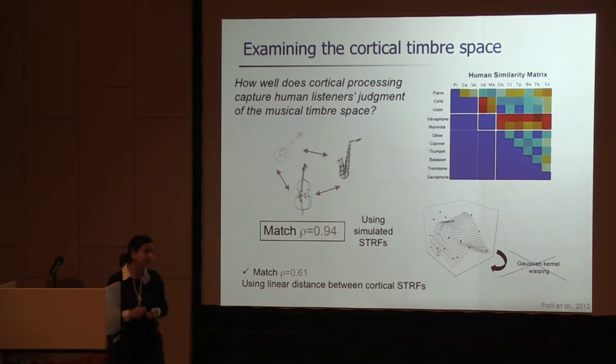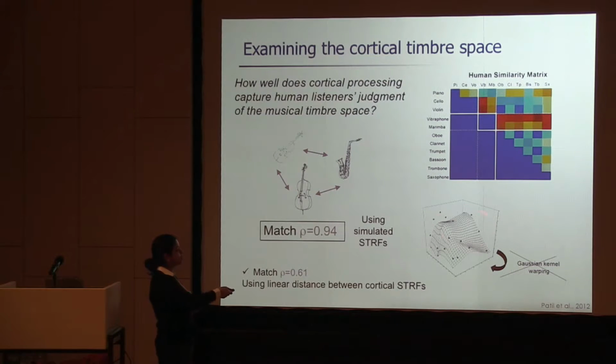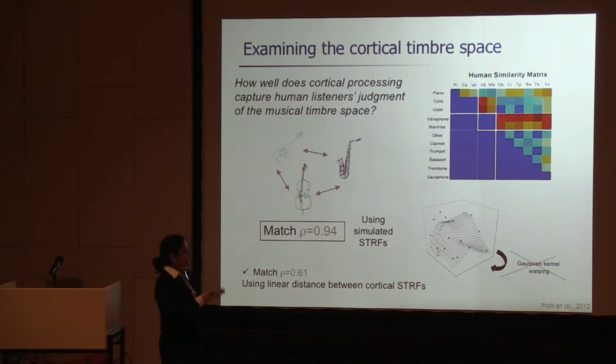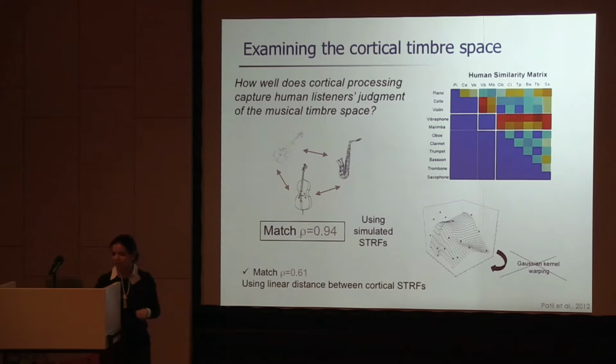One of the interesting things we find is that when we just use the space without this nonlinear warping, we don't do quite as well. The correlation with the human similarity matrix is 0.6, which suggests that the linearized approach to how the brain represents sound is missing the nonlinearities that the brain has, which bring about a lot of the power in the perceptual representation of these complex sounds.